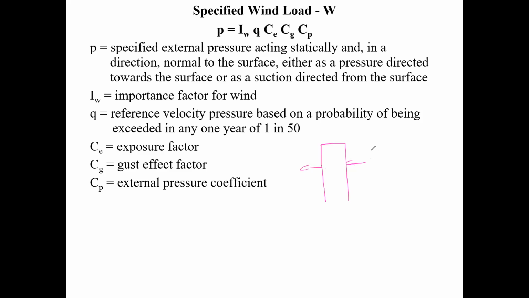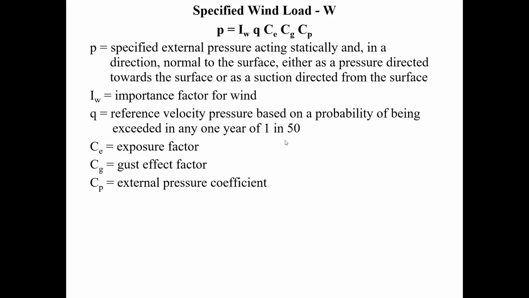So you have to calculate the external one and the internal one. If this is the windward side, in other words, if this is the wind direction, on the other side you have the internal one and the external one. So you have to calculate it for both sides and see which one gives you the worst scenario.